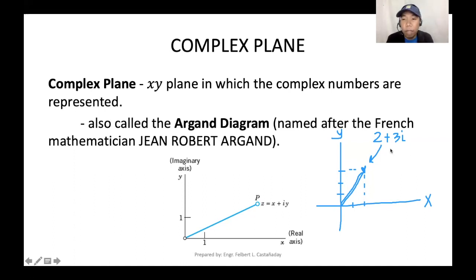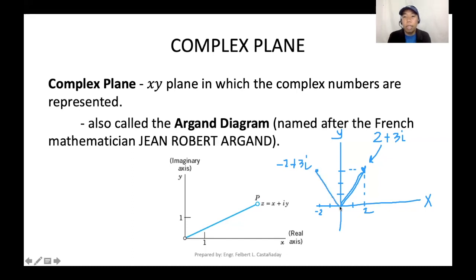Now, if it's negative, for example, negative 2 plus 3i, the negative 2 is on the left side of your complex plane. This is positive 2, and this is the negative part, so negative 2. The y stays the same, so this is our complex number.